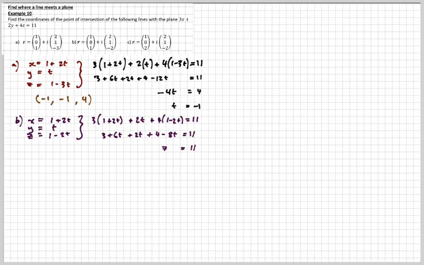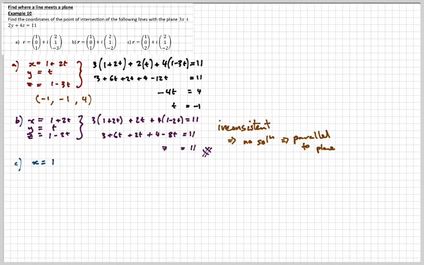And since it's inconsistent, there are no solutions to this problem. And since there are no solutions, it suggests that the line is parallel to the plane. Okay?